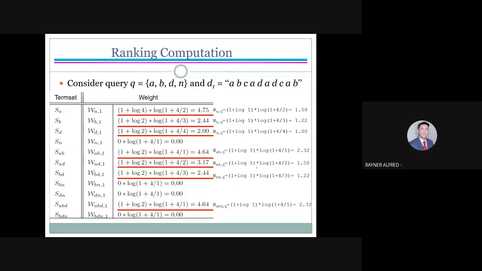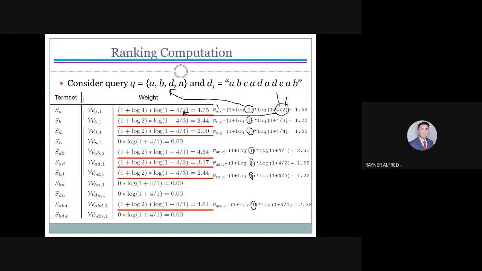So this is very straightforward, because for A it exists one time only here, and then this one we follow exactly what we have here, meaning that we are referring to 4 documents and only 2 documents consist the symbol A. Okay, so this one is all one, because B exists one time, D exists one time, and then AB exists one time, AD exists one time, BD exists one time, ABD exists one time.